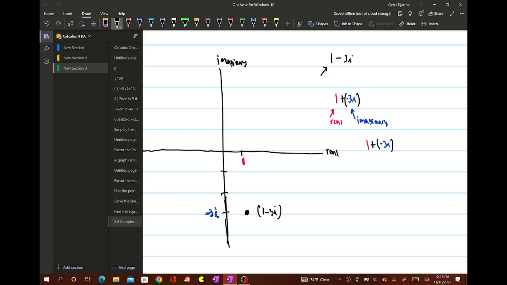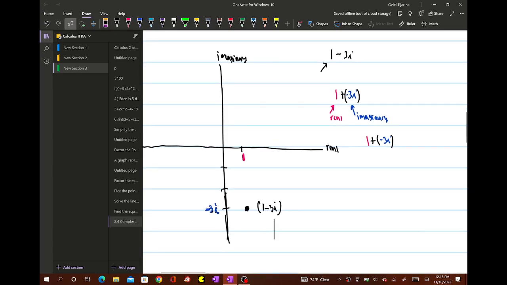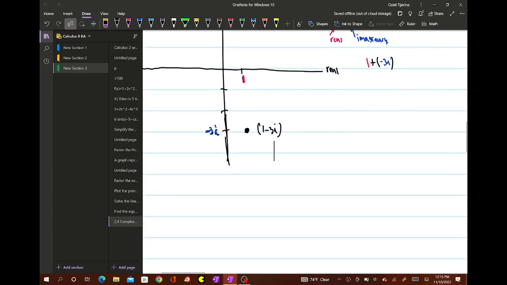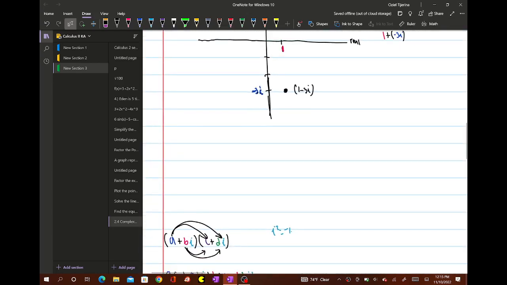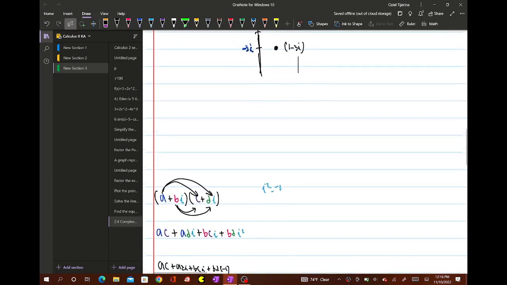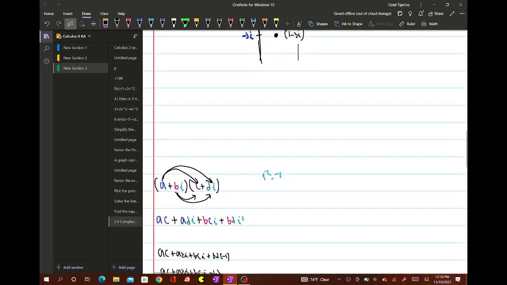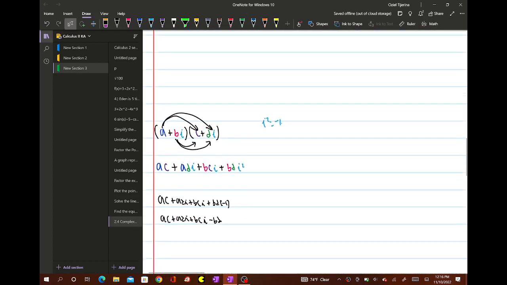It's kind of like the x and y axis, but it's real and imaginary. The real number is like your x axis, and the imaginary is like your y axis. So it's kind of like plotting points, but not in terms of x and y, that's for sure.